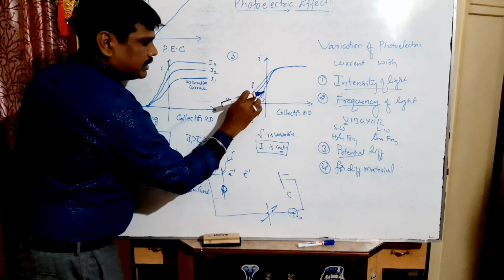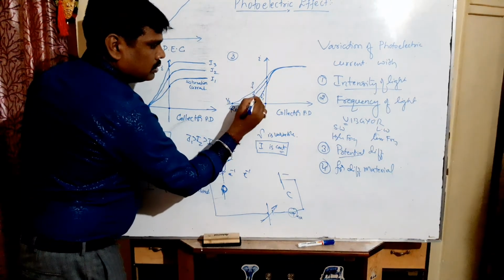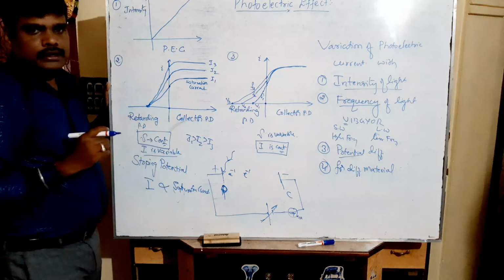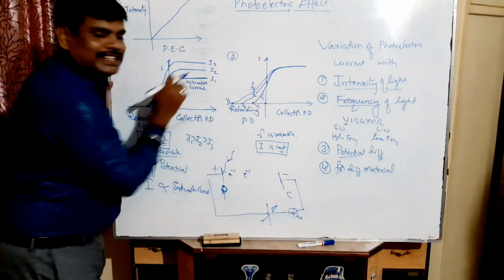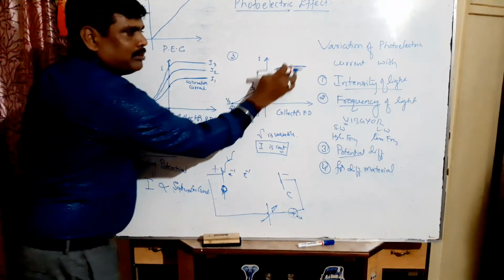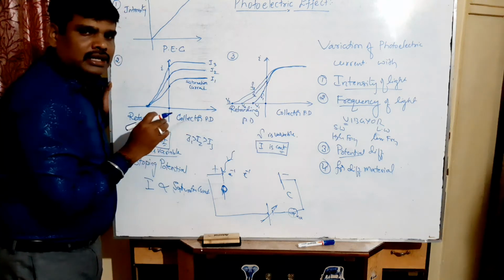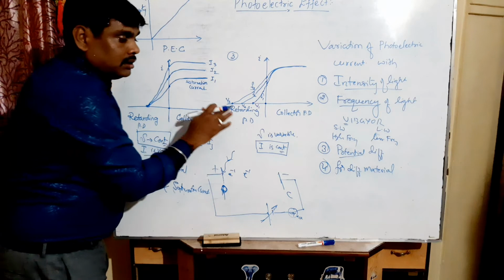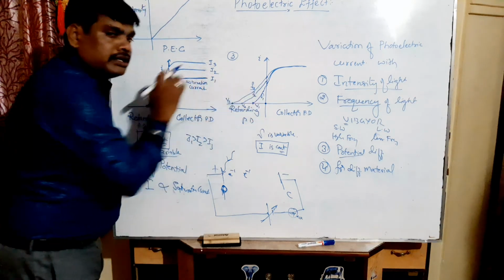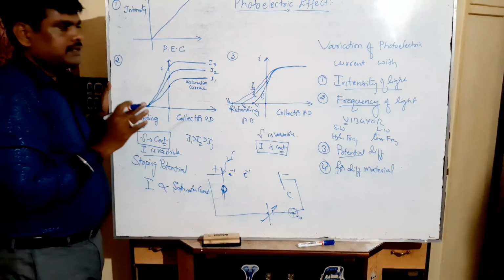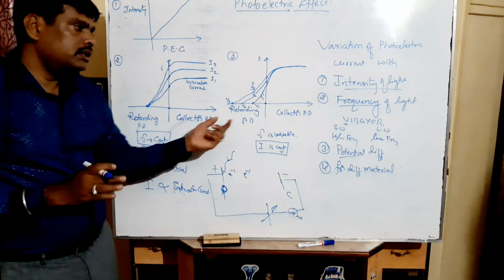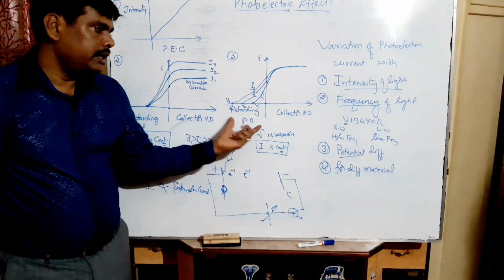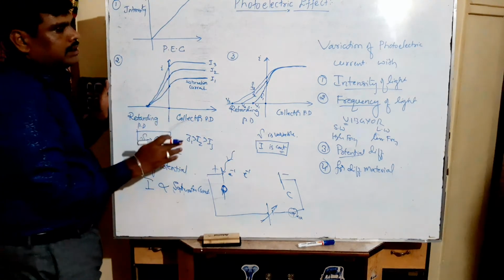I will take them in the reverse direction: nu1, nu2, nu3. If frequency increases, saturation current is unaffected. It means saturation current does not depend on frequency. But the stopping potential depends on frequency. So this is the third observation we have made in the experiment.